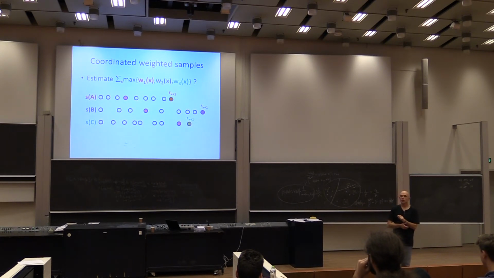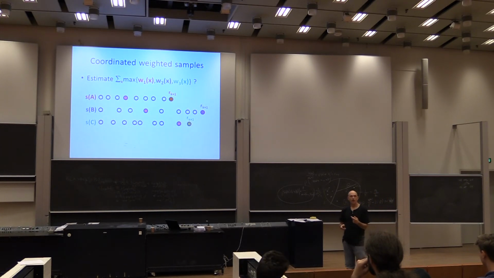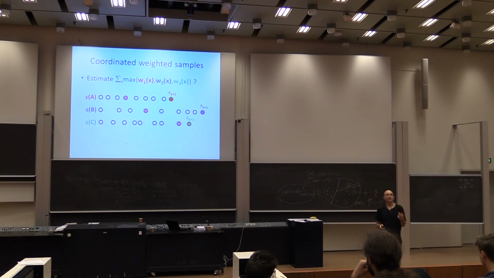This would work, but you can actually use more data. I'm not using the maximum out of my sample if I do that. There are more items in these sketches that I know the maximum weight of. It does not have to appear in all. This is where I use coordination. It does not have to appear in all three sketches in order for me to know the maximum.